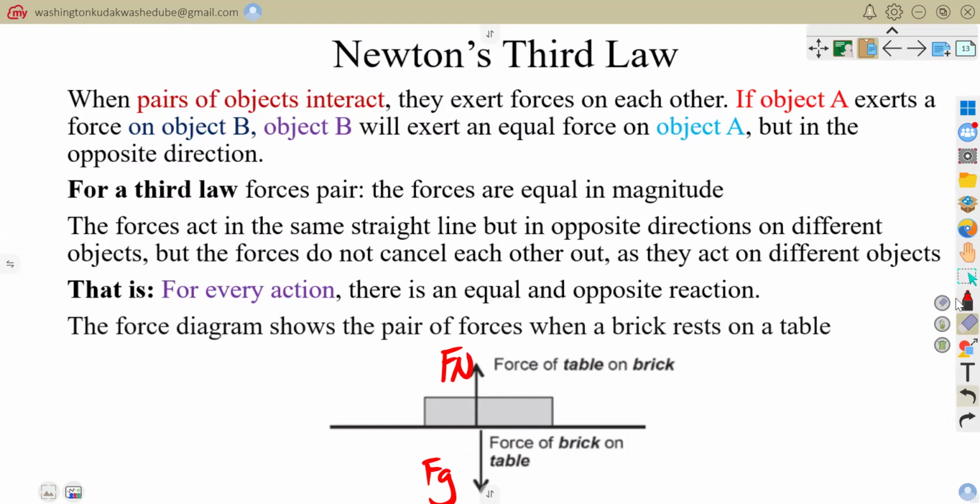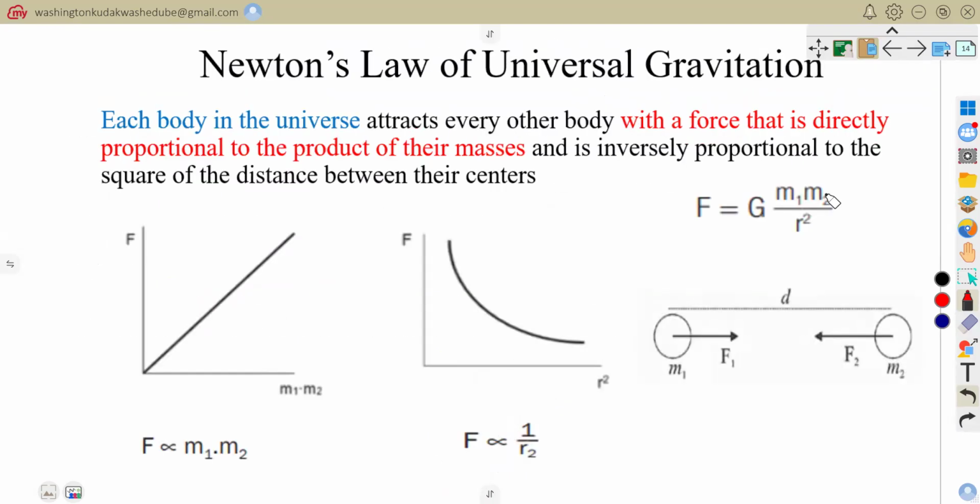After we've said that, we now know Newton's first law, second law, third law. We now want to look into another special law that was named after Sir Newton.